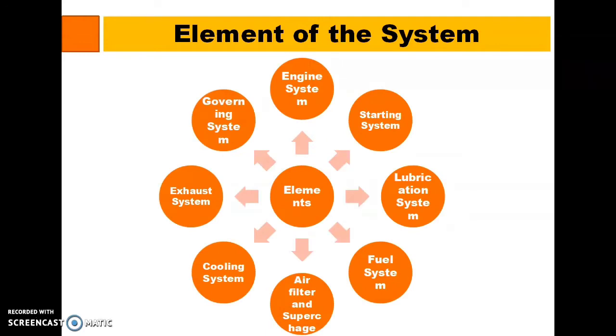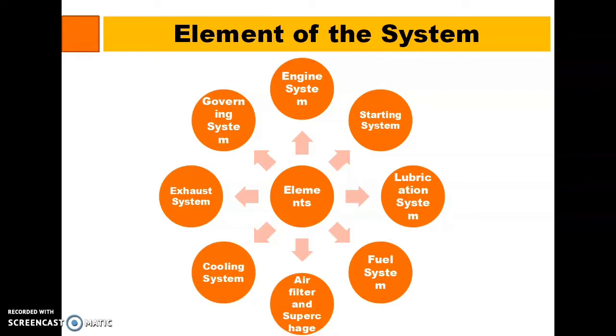These are the different circuits of the whole diesel engine power plant: engine system, starting system, lubrication system, fuel system, then air filter and supercharge system, then cooling system, exhaust system, and governing system.